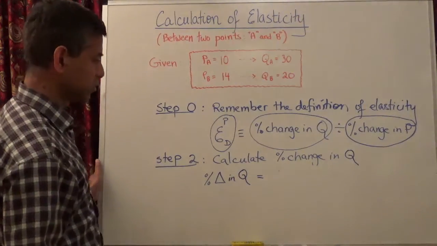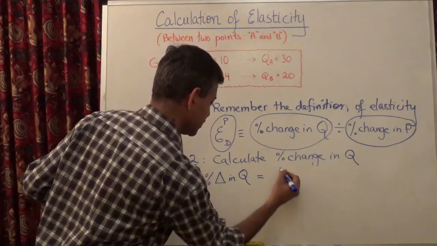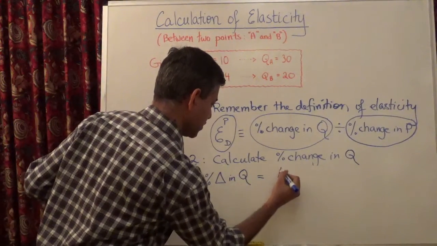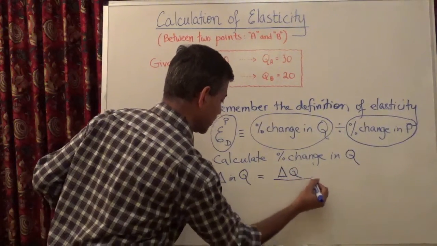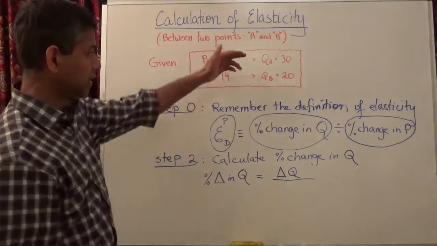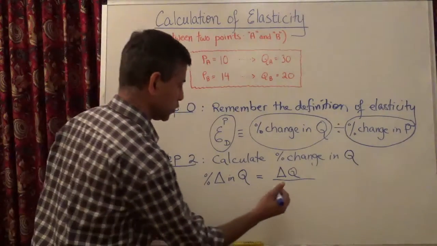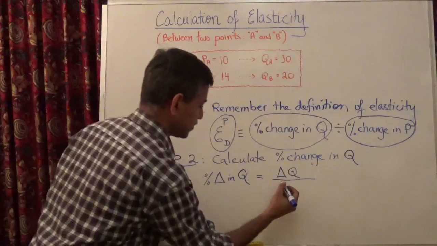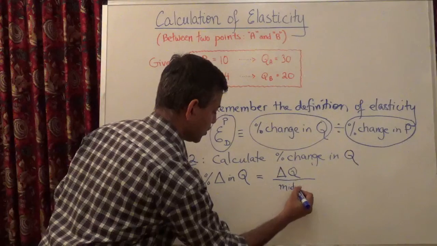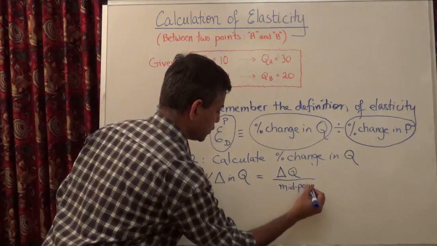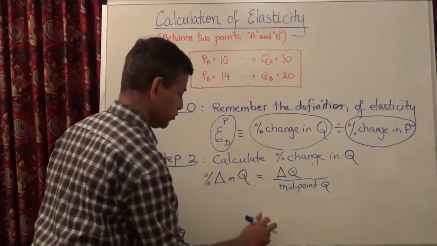The percentage change in quantity coming from these two numbers would be the change in quantity divided by, again, since we don't have either one specified as clearly the initial point, we have to treat both of them as potential initial points. So we'll just take the average of the two. That's the midpoint approach, using the midpoint Q.